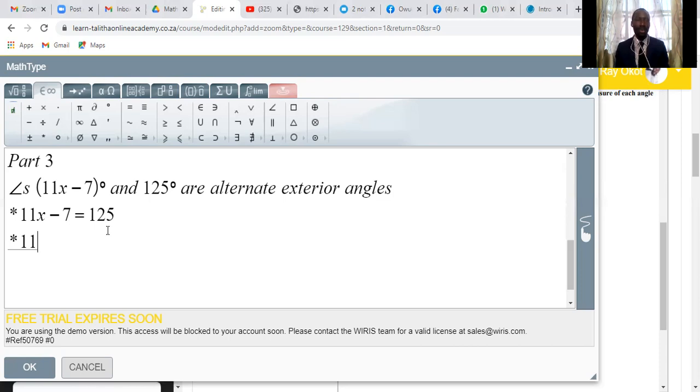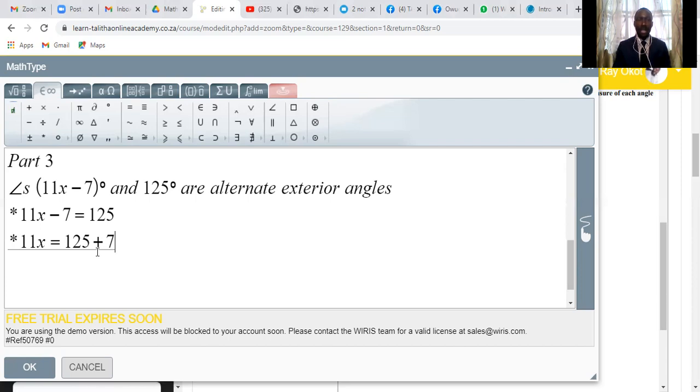In the next step, then we will be having 11x on one side, and on the other side, we will be having 125 plus 7. What we did was to transfer 7 from the left-hand side to the right-hand side, because 7 and 125 are like terms. Now notice that 7 is minus from the left-hand side.